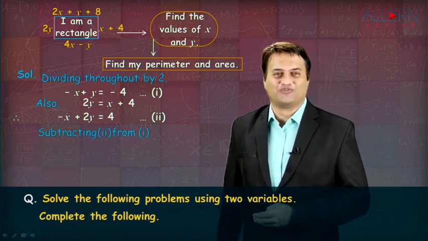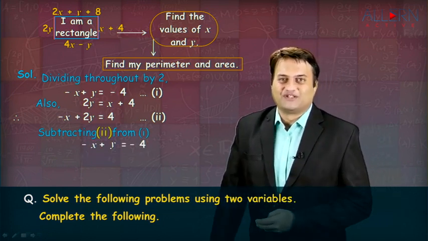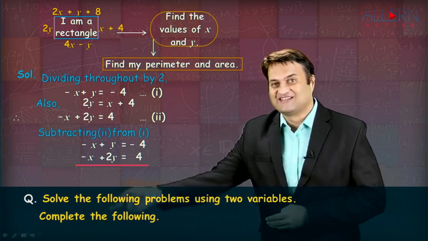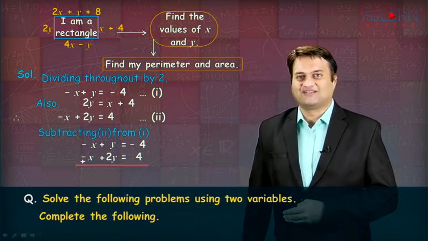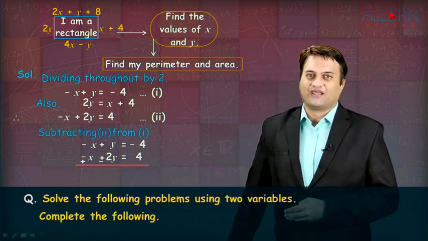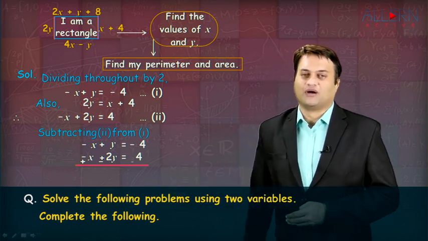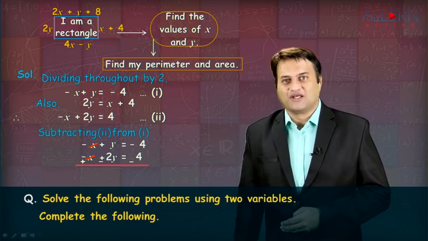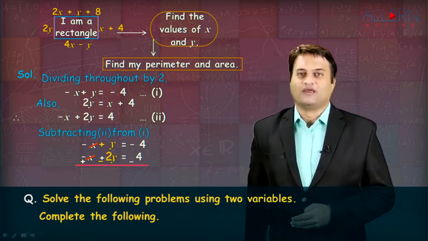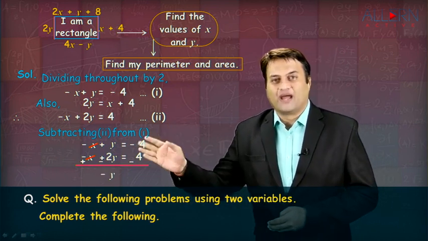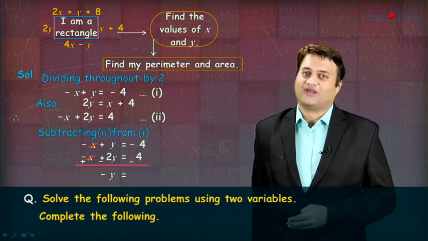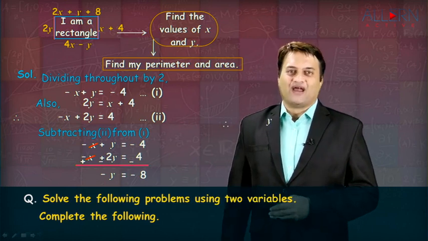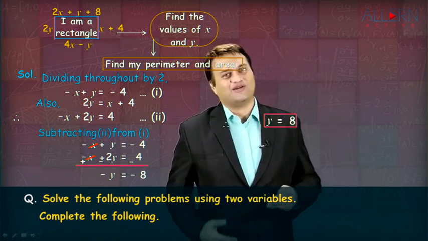So subtracting 2 from 1, let's subtract. Don't forget to change the signs. Minus x will become plus x, plus 2y will become minus 2y, and plus 4 will become minus 4. X will get cancelled, we get plus y minus 2y, that's minus y, and minus 4 is minus 8. Minus y is equal to minus 8, so y is definitely equal to 8.